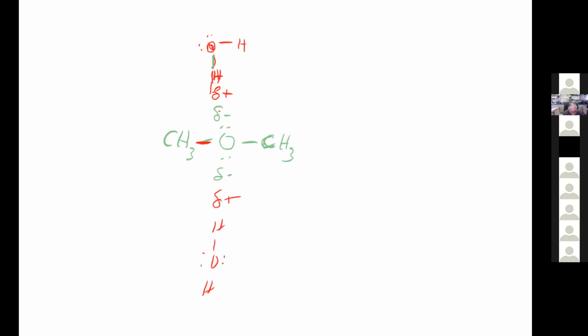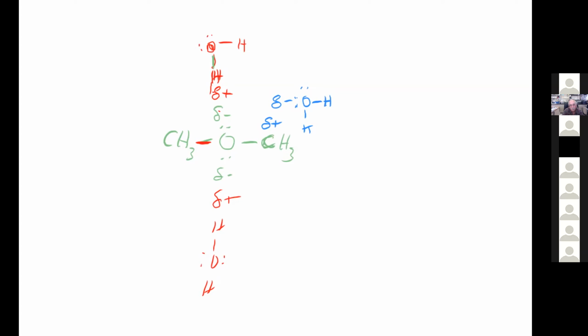And even if I did put the partial positive on the carbon, that might attract the partial negative of a water molecule. And that would be a dipole to dipole attraction, right? But notice when we're talking about alcohols and attractive forces, we're not even talking about London's forces because they're so weak, even though they exist.